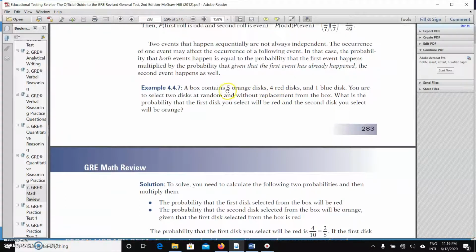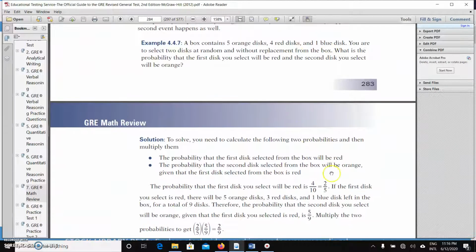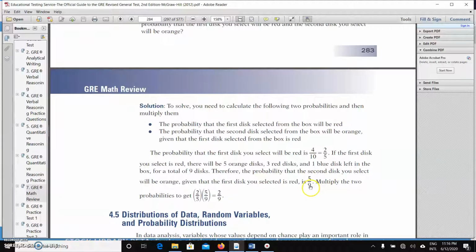So for the second one, since there is no replacement, since you are picking the second time now, it's going to be 5, which is for the orange, over 9. It can't be 10 again because you have picked 1 out of it. Understand? That'll be 5 over 9. So that's the meaning. You pick from the remaining ones. So that's why we have 5 over 9 here.